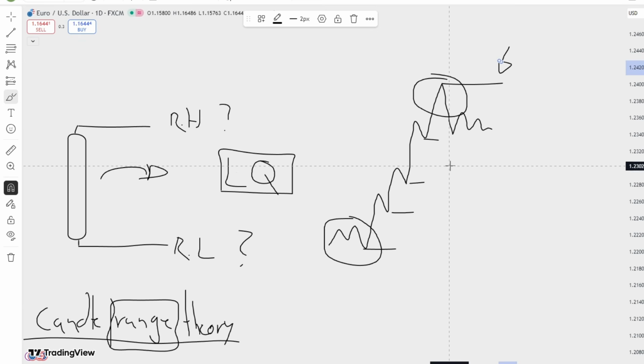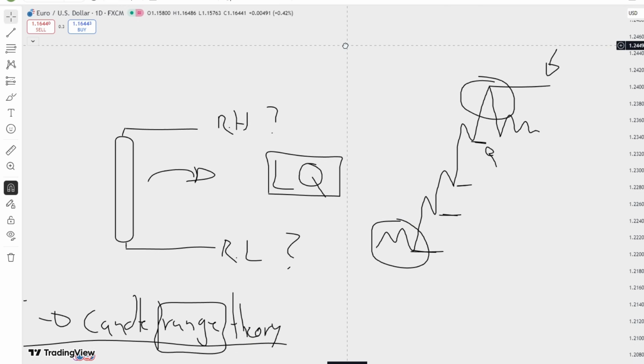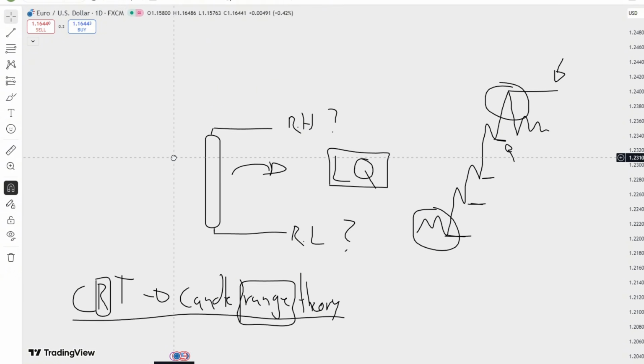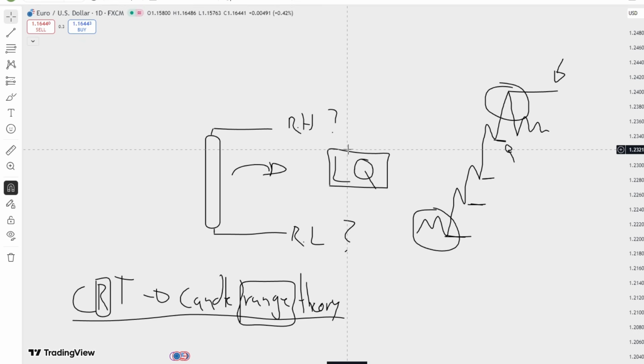If you have liquidity right here, it works like a magnet here and here and here. This is why candle range theory works, because it simplifies the way to see the liquidity.